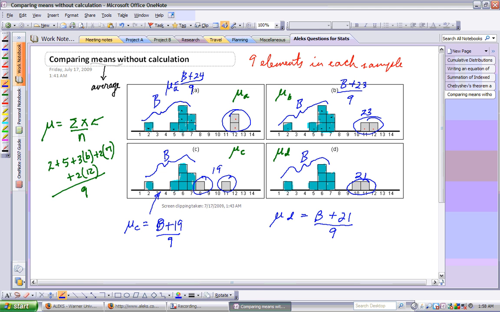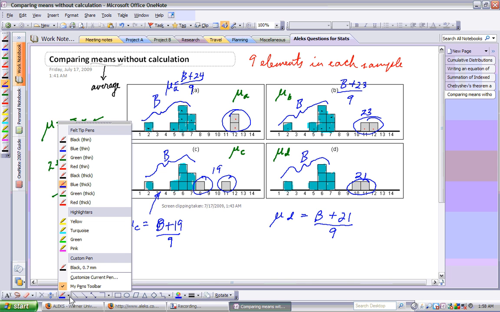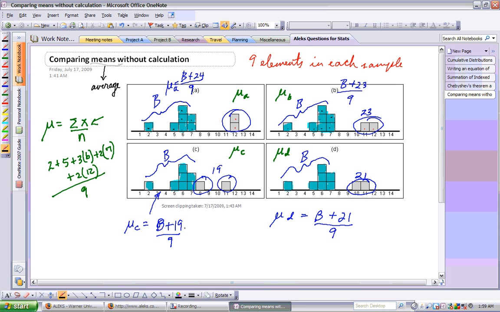And we see that we don't even have to know what the values are to know which one's the biggest. Since the denominators are all the same, since we have the same number of elements in each one, the one that is the biggest is the one with the biggest numerator. Is B plus 19 bigger than B plus 21?